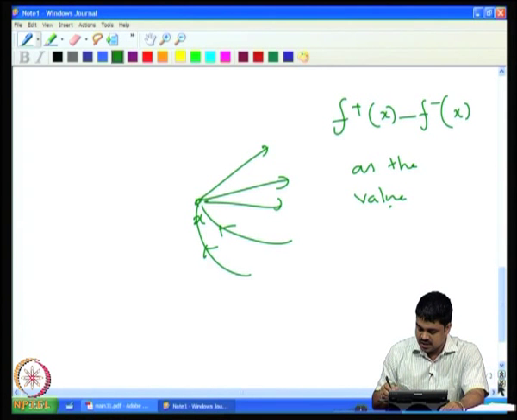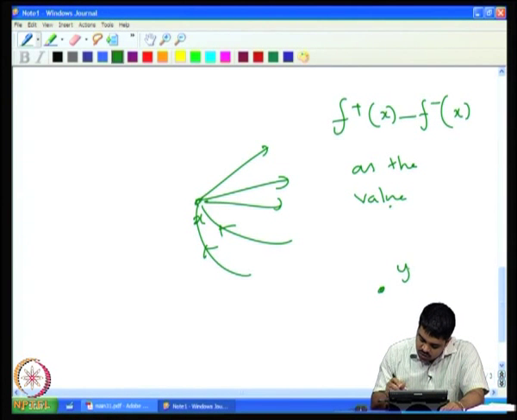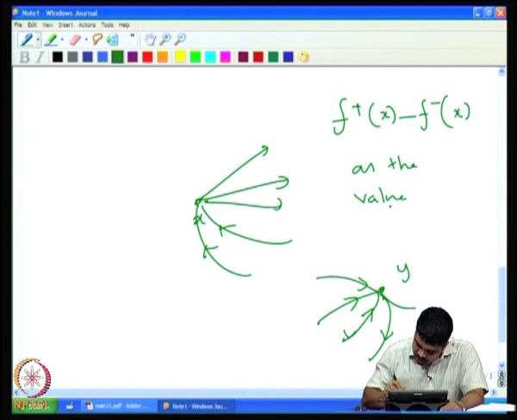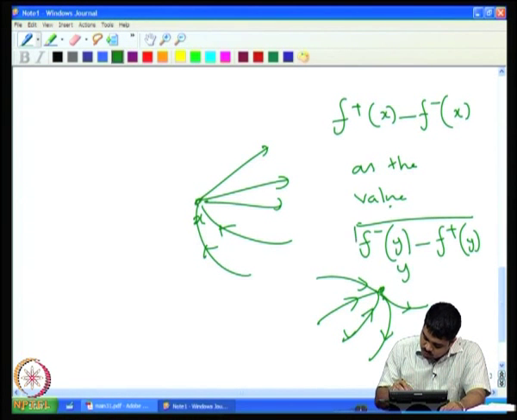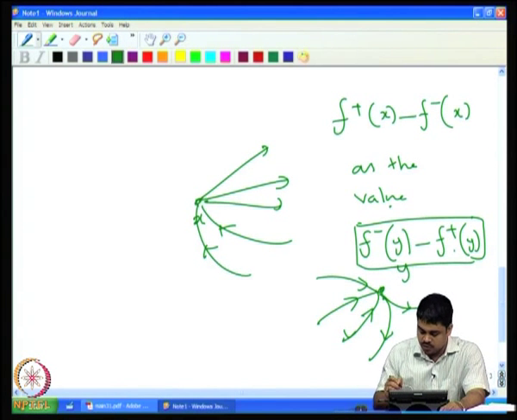All these things are interesting. For y, what we will be interested in is what is entering y. There are certain edges going into y and certain edges going out of y. We will be interested in f minus of y minus f plus of y. This will be the net inflow into y.